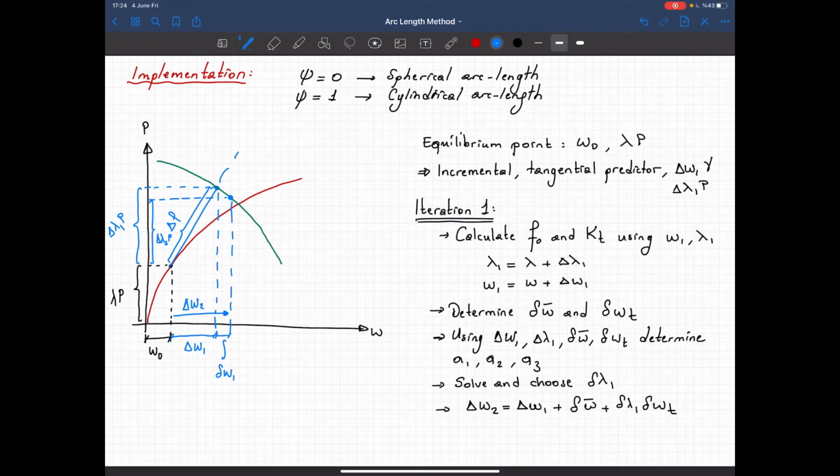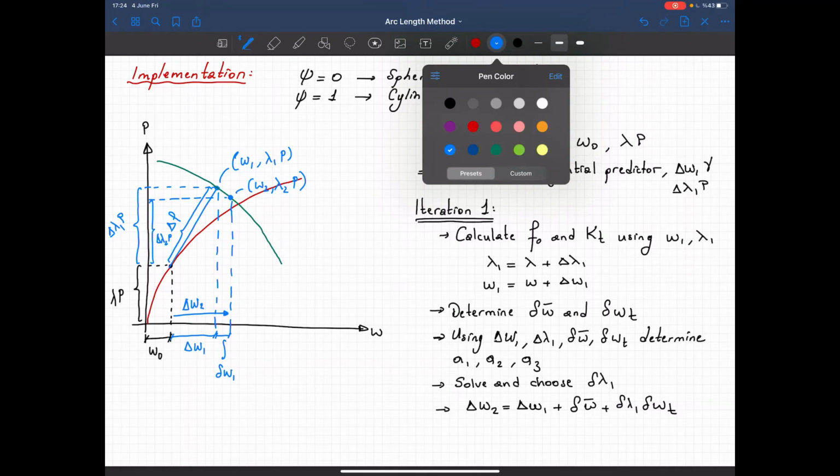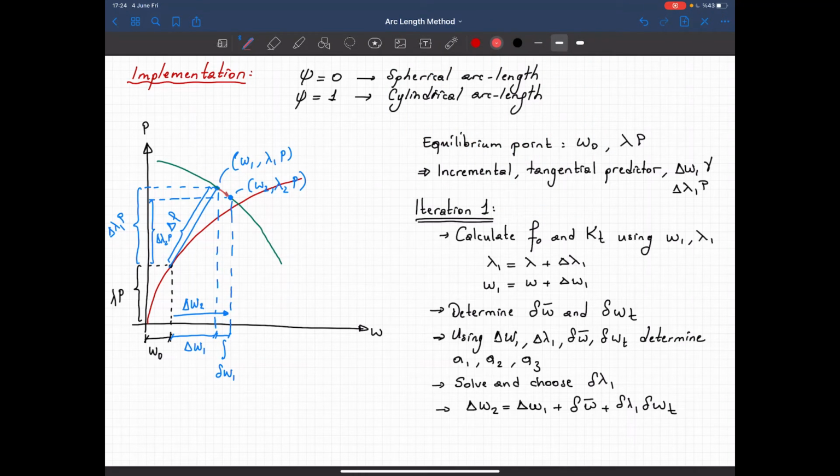This point is W1, lambda 1 P, and this point is W2, lambda 2 P. So with this constraint equation, we were actually moving on this curve towards the load deformation.